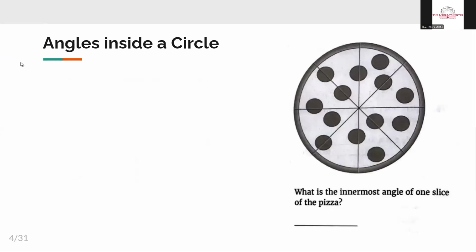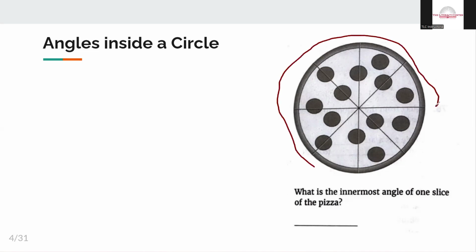Angles inside of a circle. What is the innermost angle of one slice of the pizza? So it's helpful to know for this problem the total number of degrees in a circle. If we go all of the way around a circle, how many degrees is that?